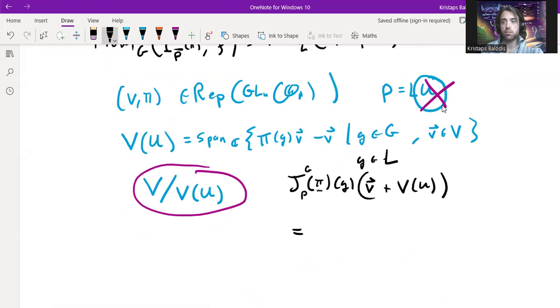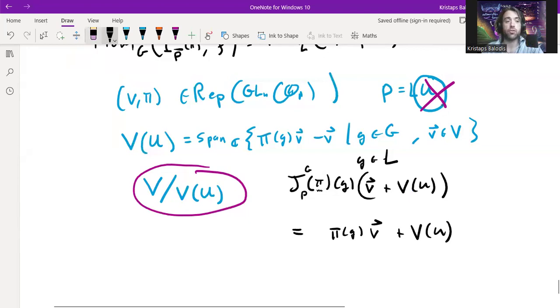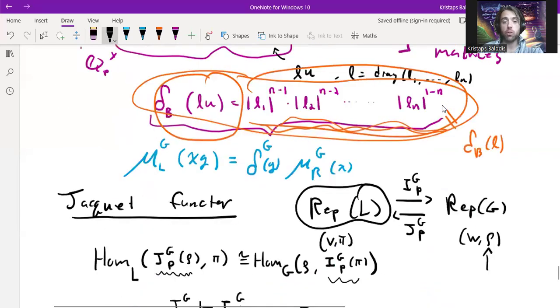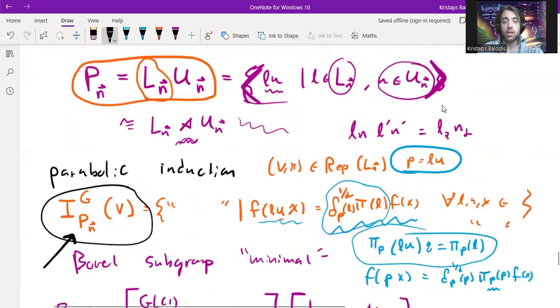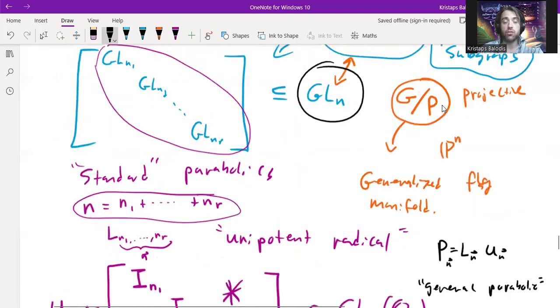This is analogous to restriction. So it's just going to act on that representative of the coset. And you can show that this will in fact give you a well-defined representation.